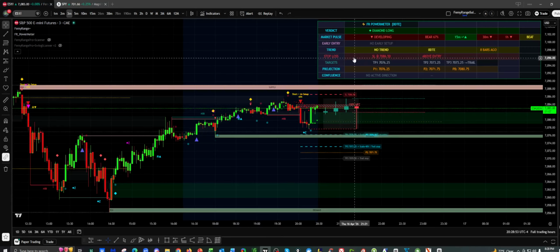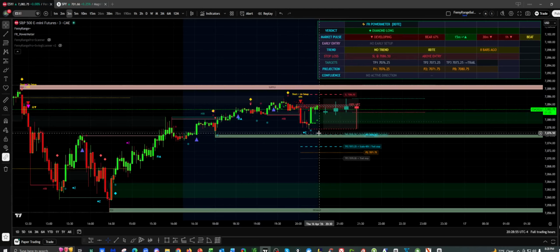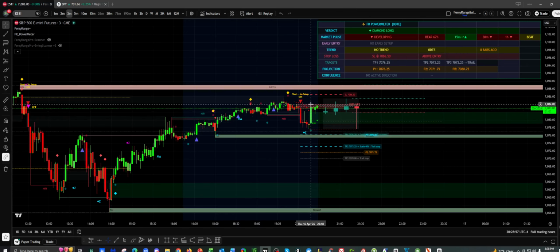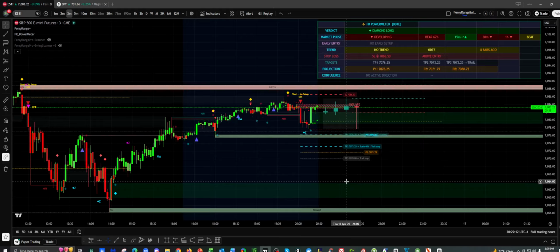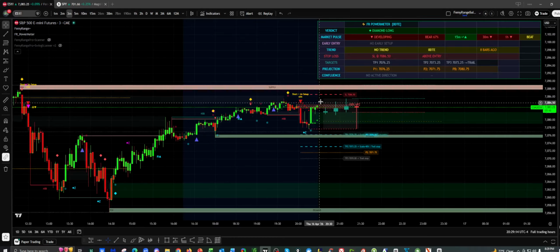Right now it's telling you no trend, even though you have this coming up. But you see this here, it says there is no trend, so you just have to wait. And if you get in, the stop loss you're seeing here is the last stop loss, which is this one. The targets are the last targets for this downside. There hasn't been any signal for the upside.